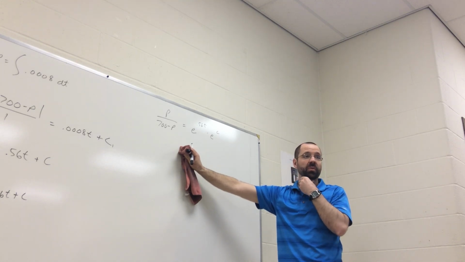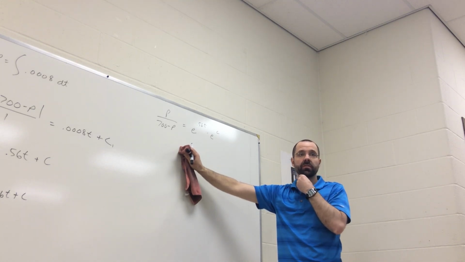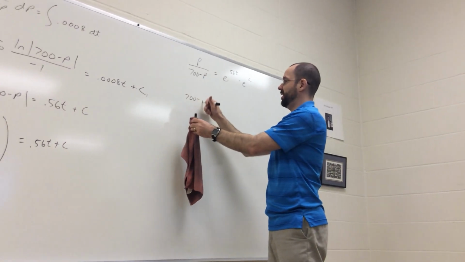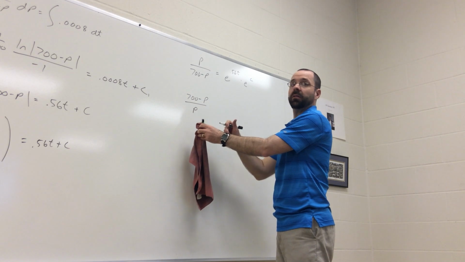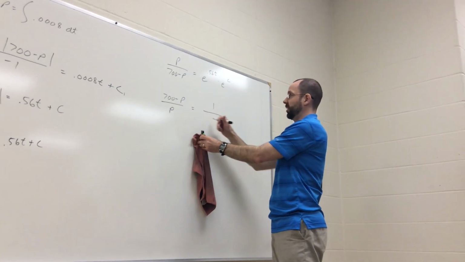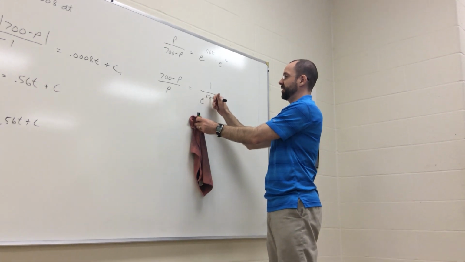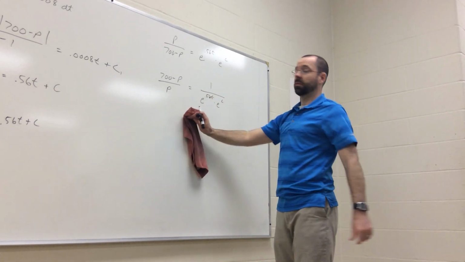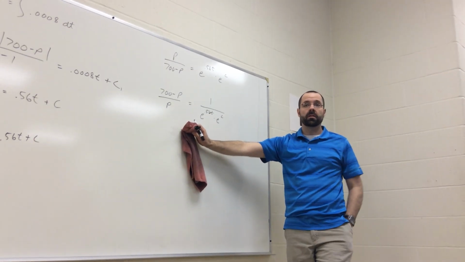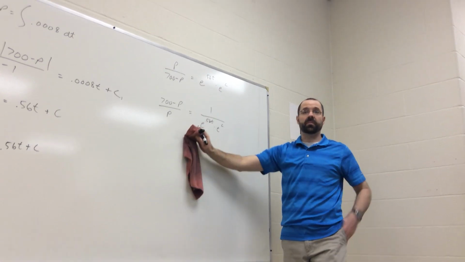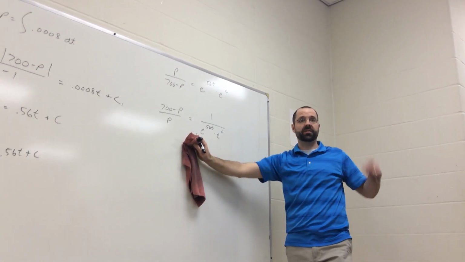Now I'm going to flip both sides. So I'm going to write 700 minus P over P equals 1 over E to the 0.56 T times E to the C. So from this step to this step, I just flipped both sides of the fractions.